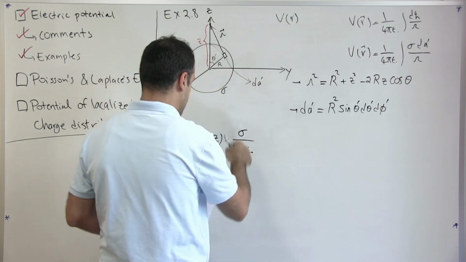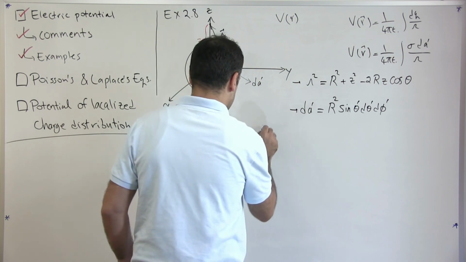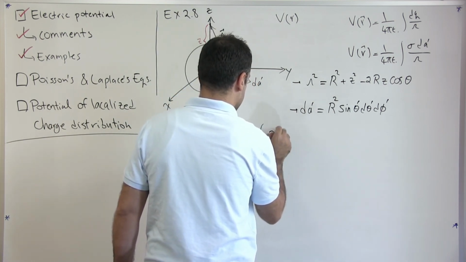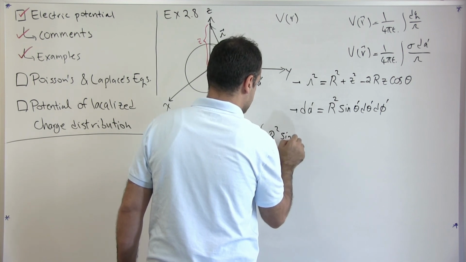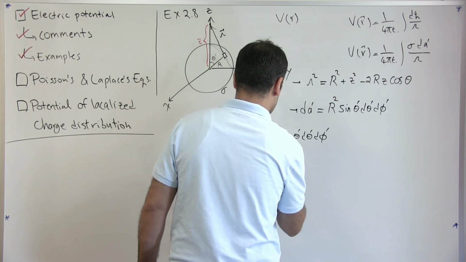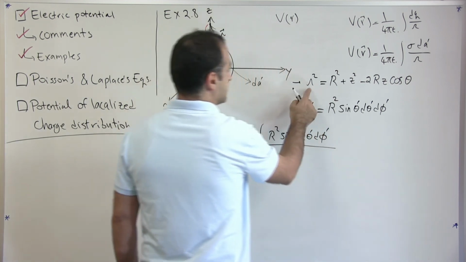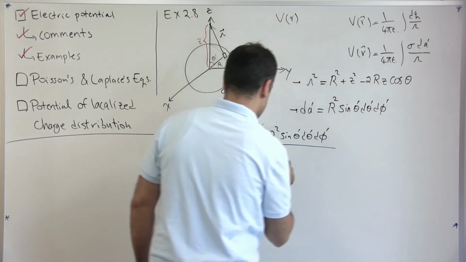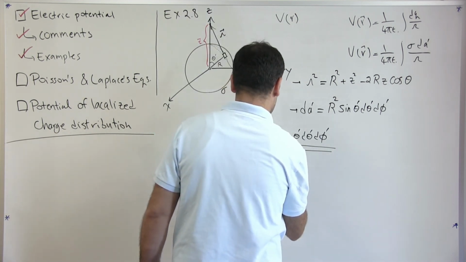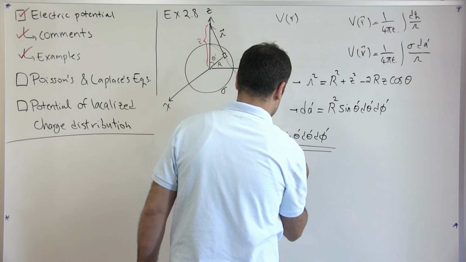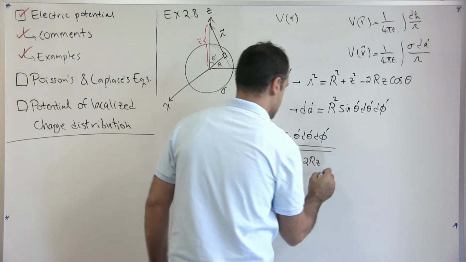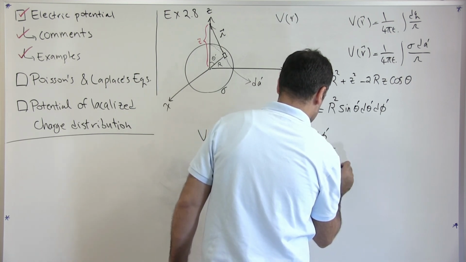I write it sigma over 4 pi epsilon 0, the integral of dA, here is R squared sine theta prime d theta prime d phi prime over R. We have R here, so we need to take the square root of this, which makes it the square root of R squared plus Z squared minus 2RZ cos theta.